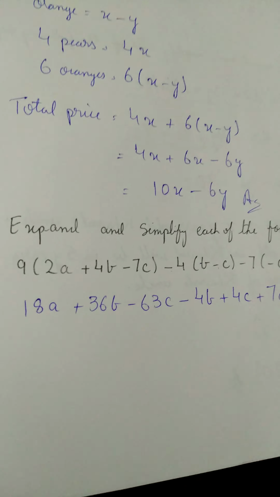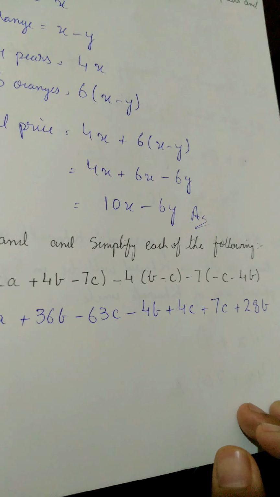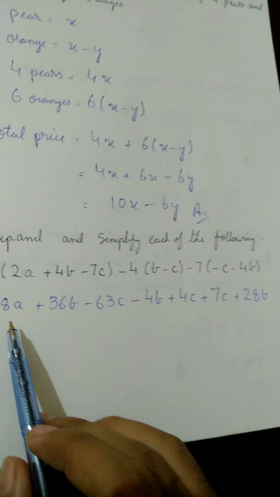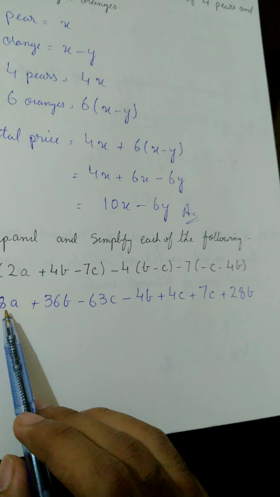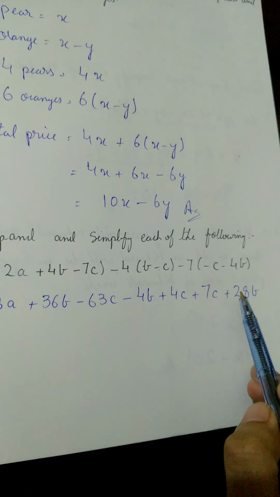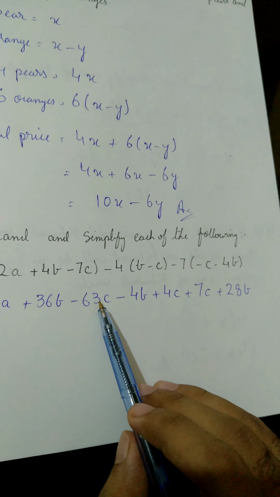Now we just have to arrange them and get the values with the same variable together. As you can see, the value with A is only 1 here, so A would be alone. For B we have 3 values, and also for C we have 3 values.